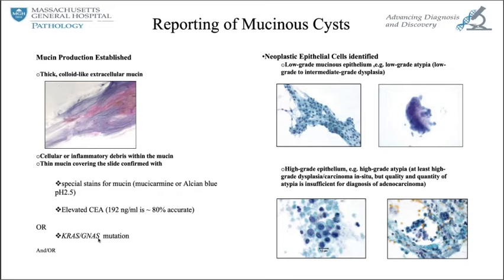Even though your report still says non-diagnostic, the clinician will now know that cyst fluid had a mutation that defines it as a mucinous cyst. So that's the benefit of doing the molecular testing.